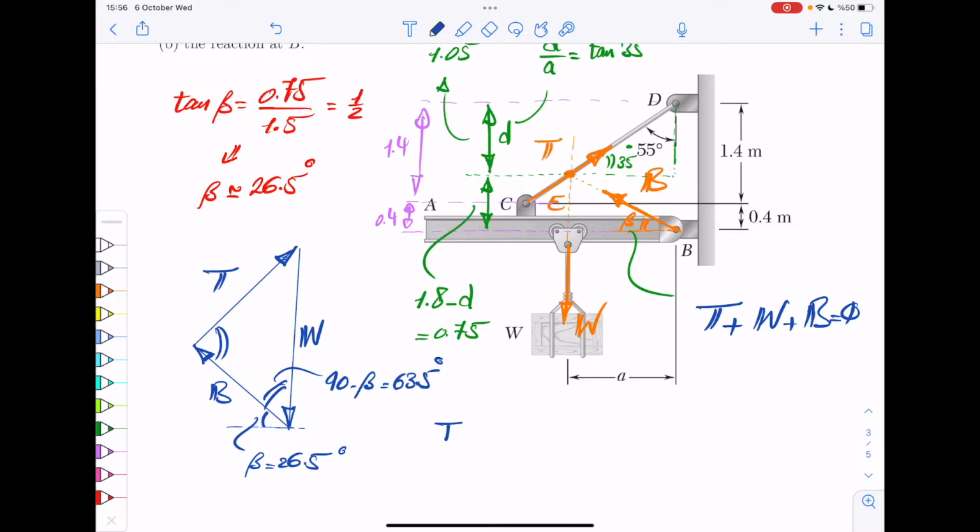So T divided by sinus of 90 minus beta is equal to B divided by sinus of 55. So this angle is 55, right?